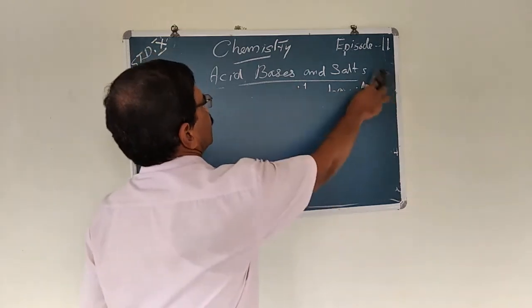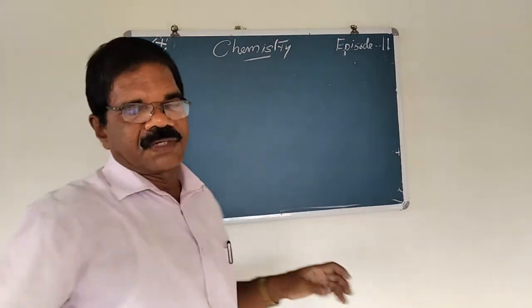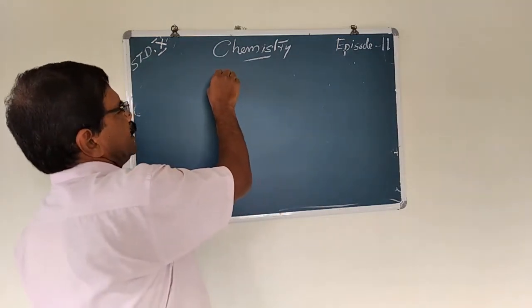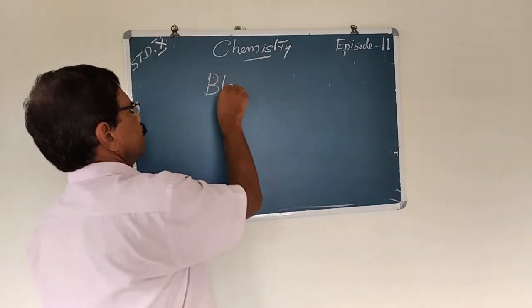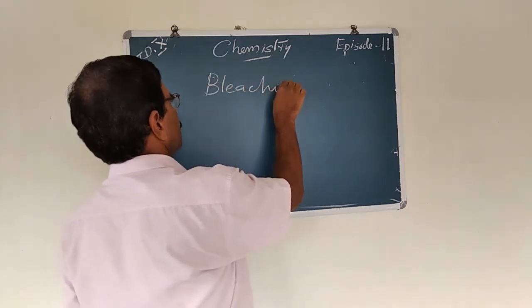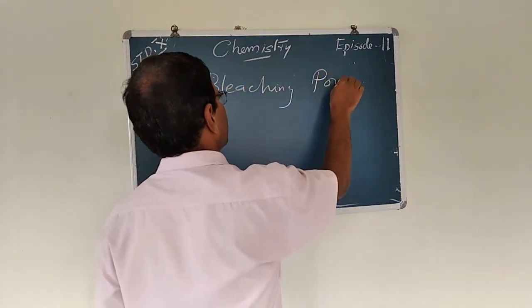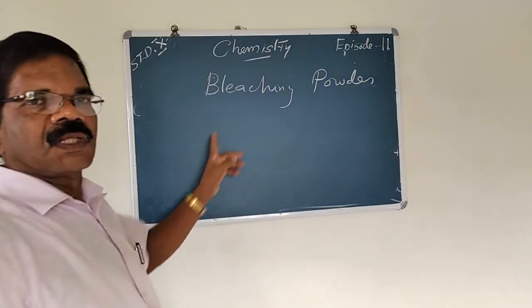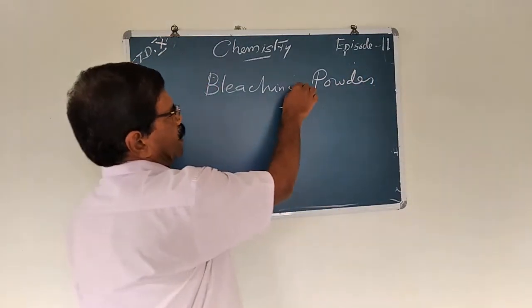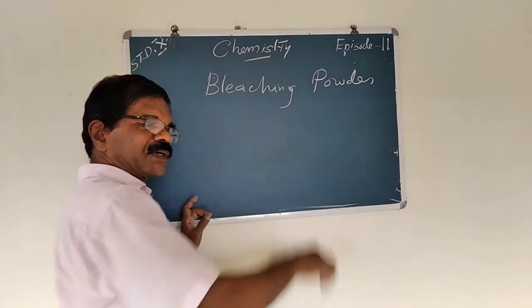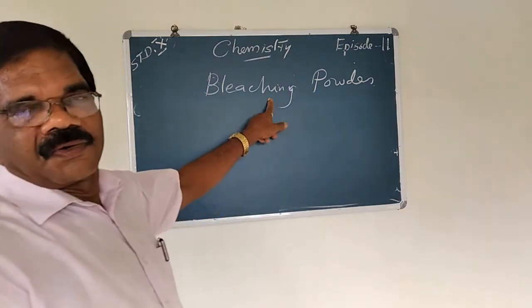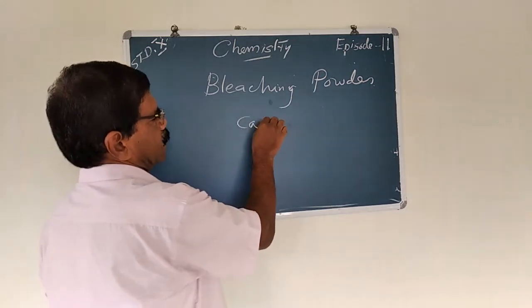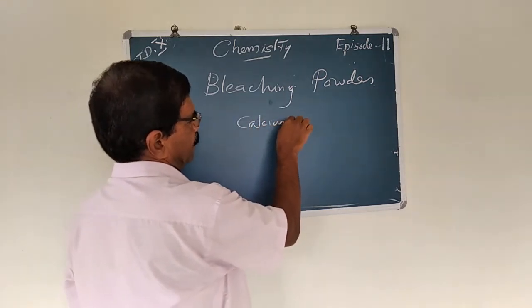The next important substance is bleaching powder. Bleaching powder is its common name. Its chemical name is calcium oxychloride.